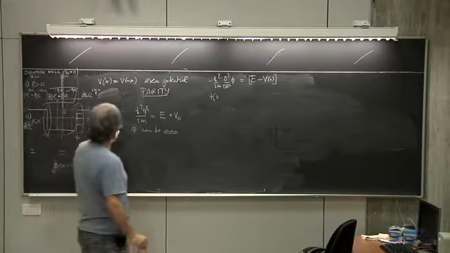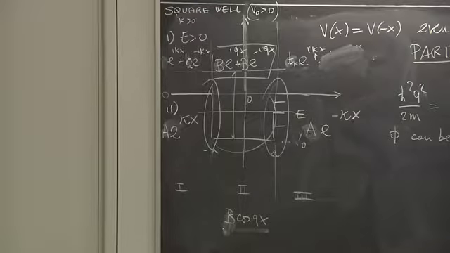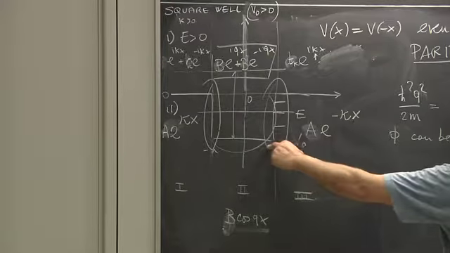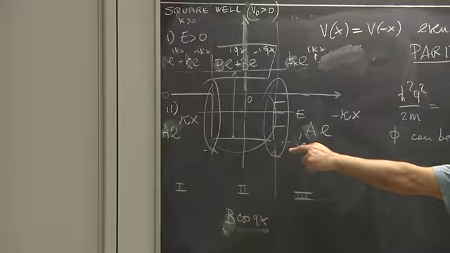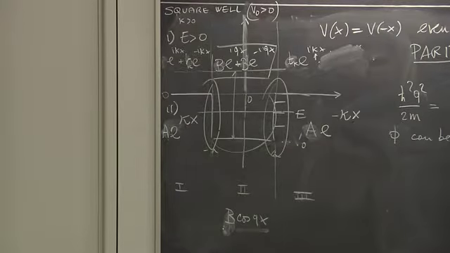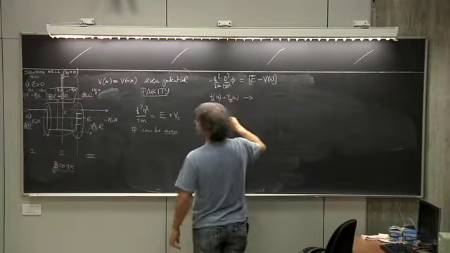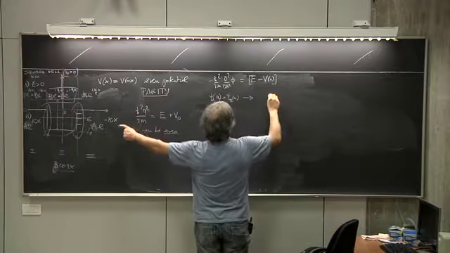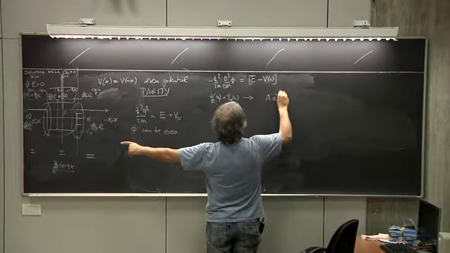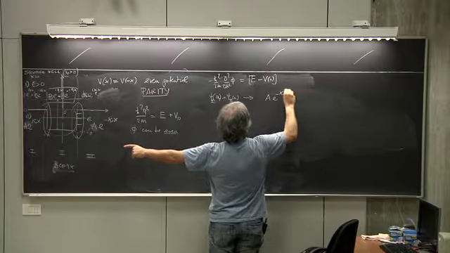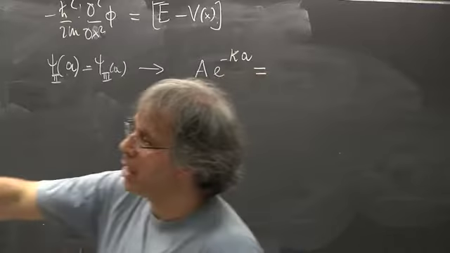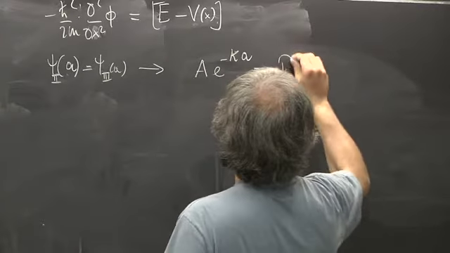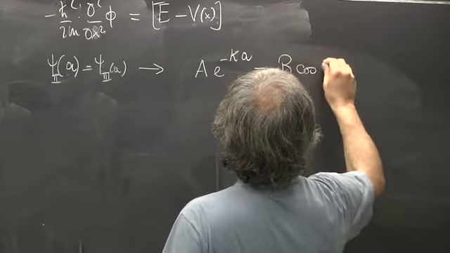Let me write the continuity: psi at A in region 2 is equal to psi in region 3 at A. So this implies immediately what? The fact that A e to the minus k A is equal to B times the cosine of QA.